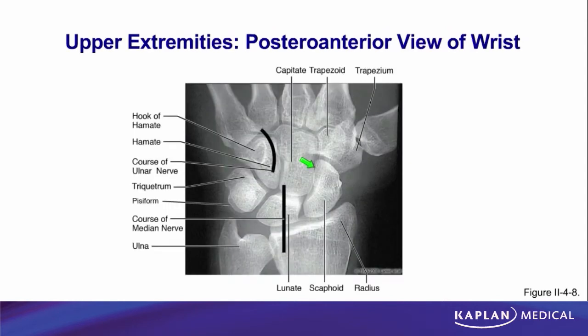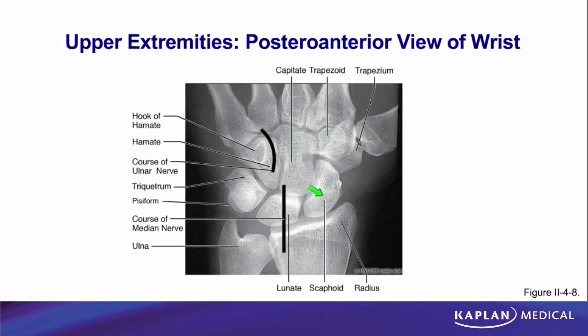And when we look at this slide again, where the median nerve has been drawn in its correct position, you see that the median nerve crosses right in front of the carpal bone, so that anterior dislocation certainly can cause compression of the median nerve. And we already know what happens when you compress the median nerve in the carpal tunnel. We've talked about that.